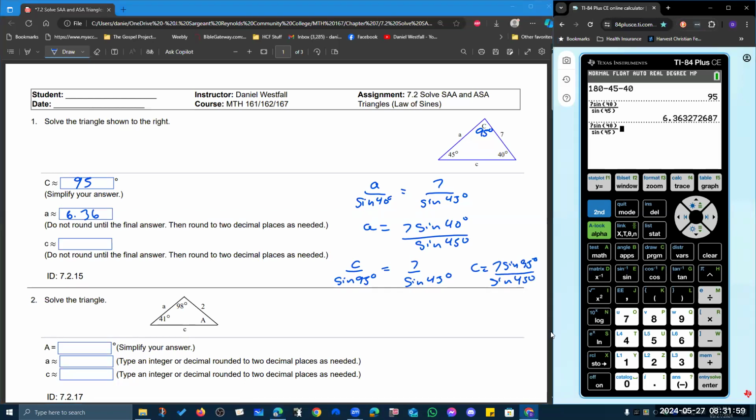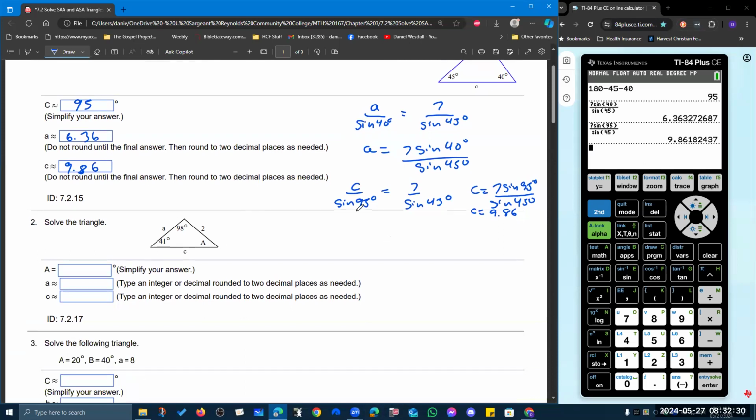Second entry, 7 sine of 95 over sine 45. And C is 9.86.